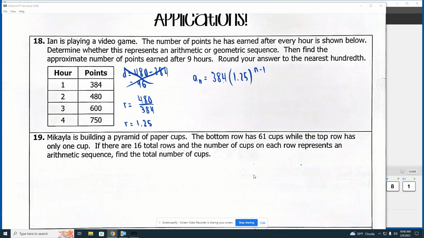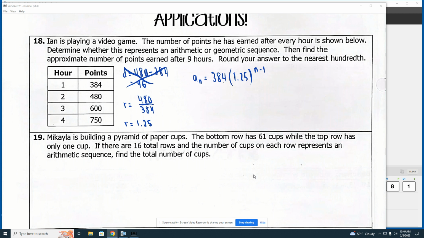So here's the tough part. I've got to decipher whether I'm finding a sub 9, where I'm just finding after the 9th term, or am I finding s sub 9? Am I taking the points earned after every hour and giving a total accumulation of points?